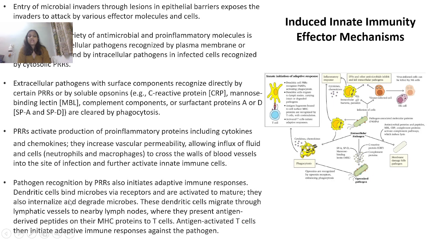For example, dendritic cells bind microbes via receptors and are activated to mature. They also internalize and degrade microbes. They also migrate through lymphatic vessels to the nearby lymph nodes and present antigen-derived peptides on MHC to T cells. Antigen-activated T cells then initiate the immune response against the pathogen.